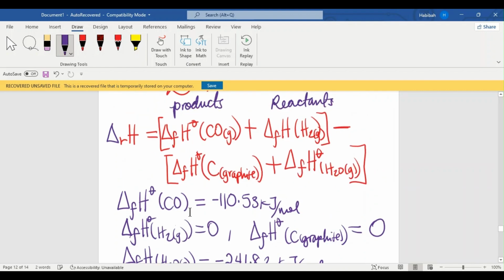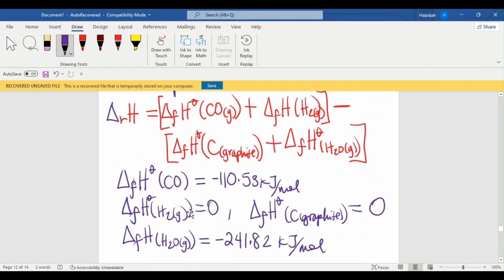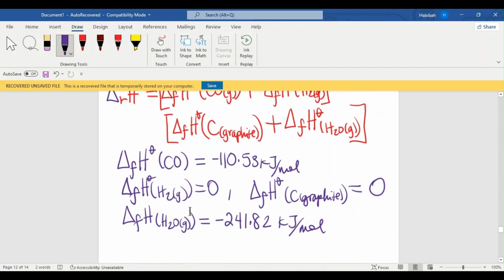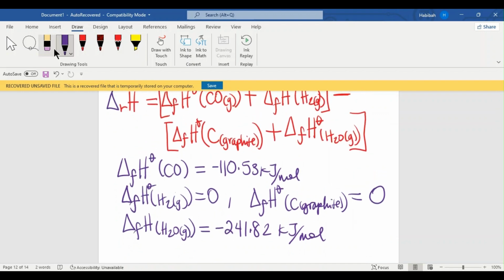That's basically the information. So of course, we're going to simply substitute, one by one. The change in enthalpy of reaction is going to be this one here. The carbon monoxide we're going to substitute, so that will be negative 110.53 kilojoule per mole, plus 0.